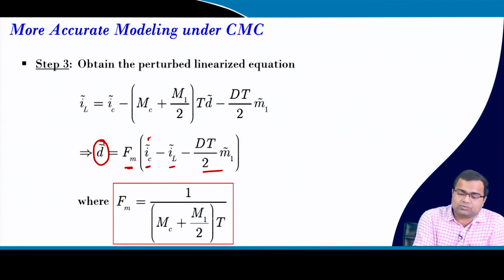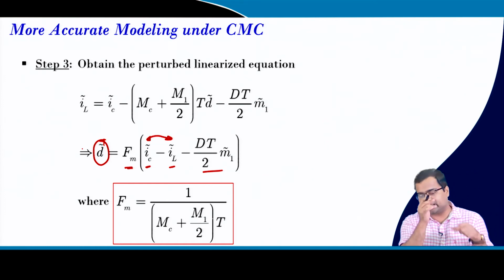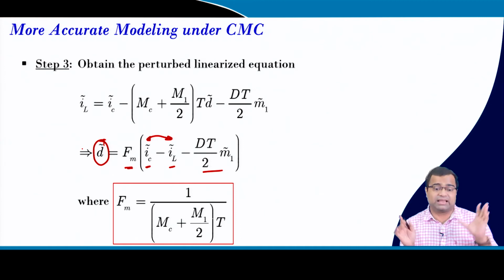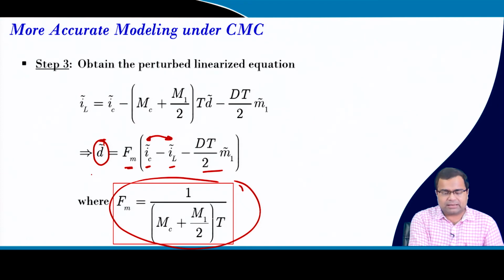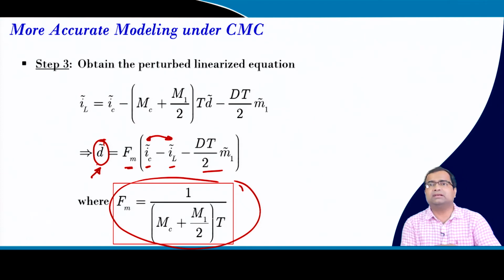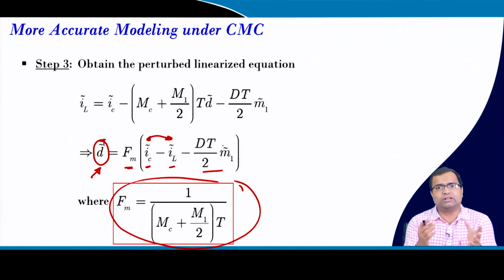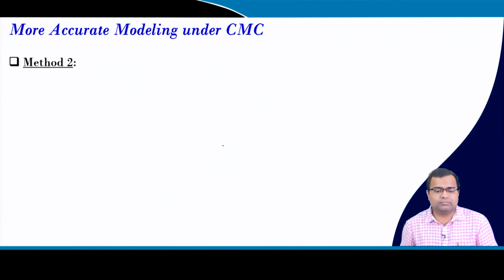Earlier these two were taken equal, so there was no duty ratio expression, but now we have not taken them equal, and this is a modulator gain, right. This is similar to what we did earlier, that we are trying to find the duty ratio expression in terms of control current and also inductor current, and M1 will also carry the input and output voltage information.